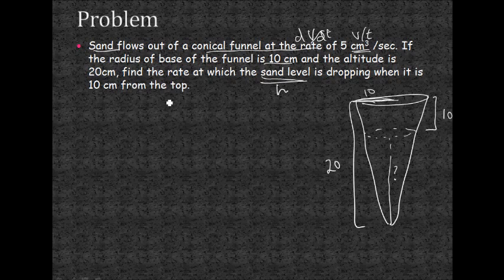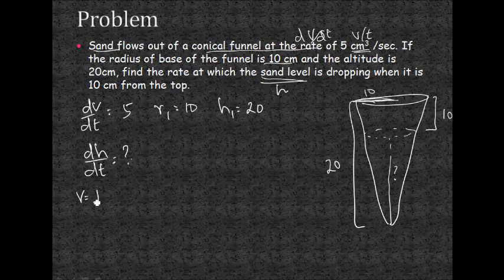Okay, so what is given? dV/dt is given, which is 5. What we have understood here is R1 equal to 10, H1 equal to 20, and we need to find dH/dt. So start with the volume formula, 1/3 pi r squared h, and then we have dV/dt.